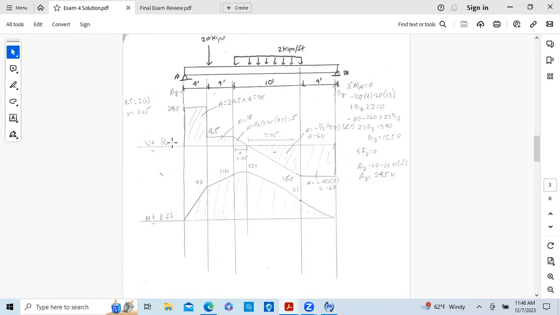From that, we can calculate the areas, rectangles, and we have triangles. This first area that we have over here is equal to 98. And this is positive, a straight line, function of x. So we start here at 0.